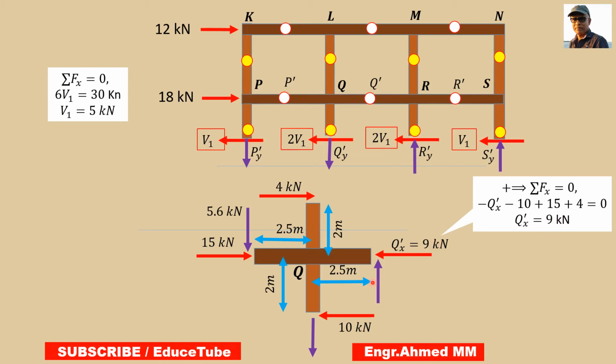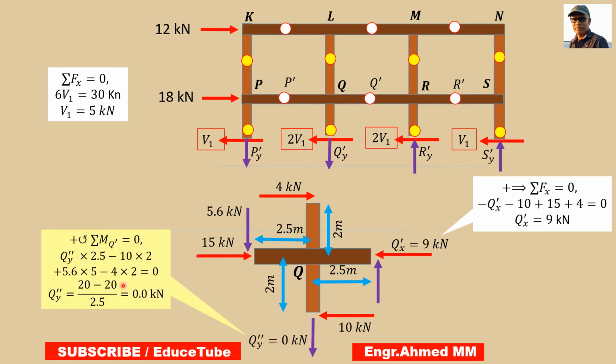So we got it. Now our target is to find these two vertical reaction components. So let's first find this one. How? We have to take the moment about these points. So Q double prime Y multiplied by 2.5, minus 10 multiplied by 2, then plus 5.6 multiplied by 5, minus this 4 multiplied by 2.